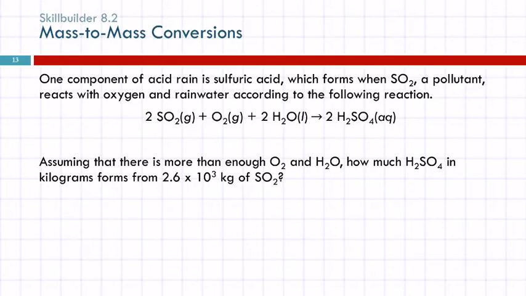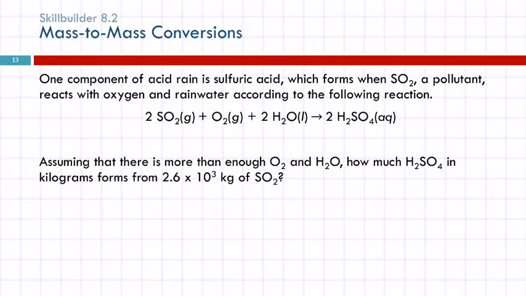And another example. You can't say there aren't enough examples. And the sheer number of examples here should give you some indication of the importance of this type of calculation. This is like super important. One component of acid rain is sulfuric acid, which forms when SO2, a pollutant, reacts with oxygen and rainwater according to the following reaction.